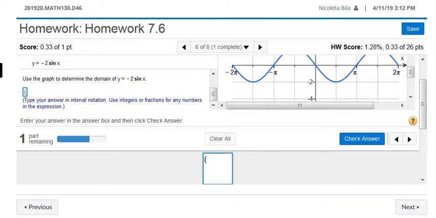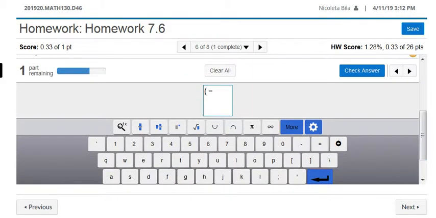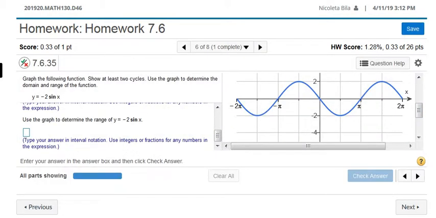I put -infinity, infinity with parentheses, and I need to find the tool for infinity. I scroll down here, and here we have infinity, comma, infinity, parentheses, and we check the answer. Make sure that you can use these scroll up and scroll down options, because it may be confusing.